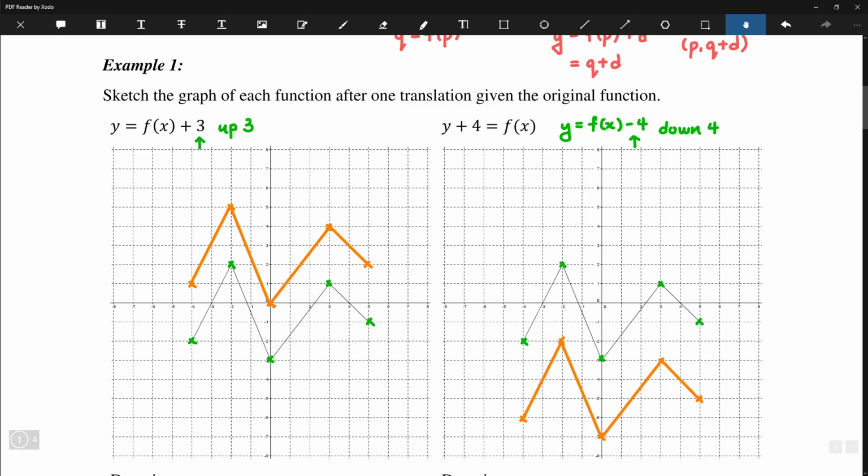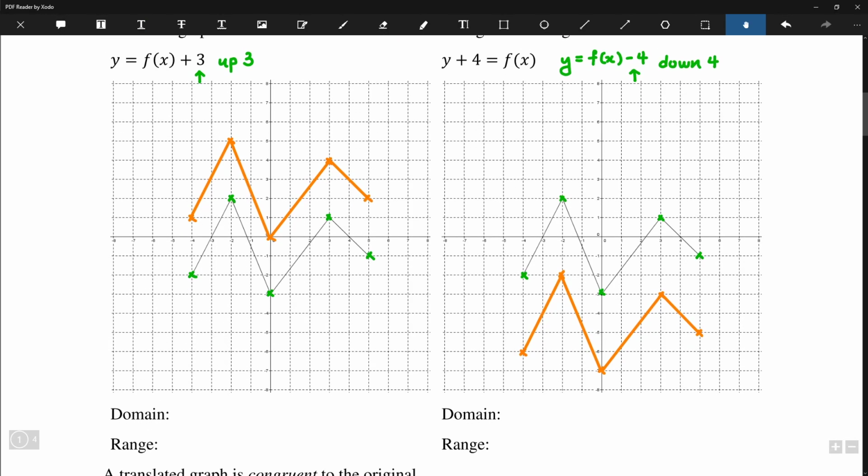Actually, I think it asks for the domain and range. Oh, yes, it does. Okay, so for the original function, let's just write out the domain and range. The domain goes from -4 to +5, and the range of this function is from -3 to 2.